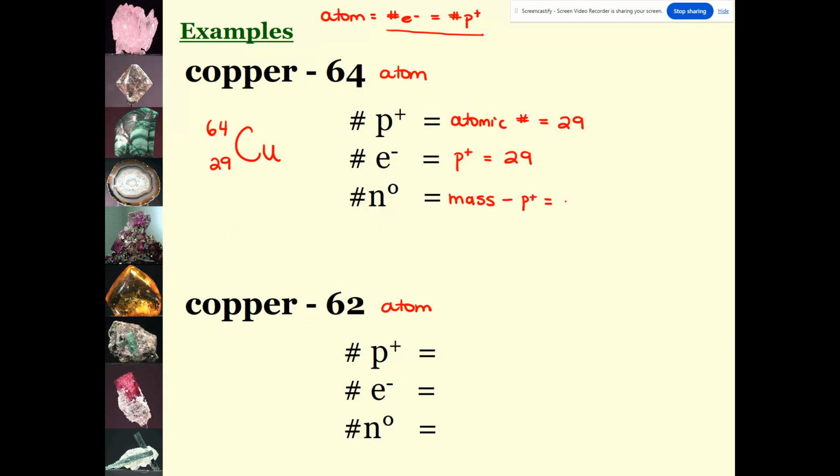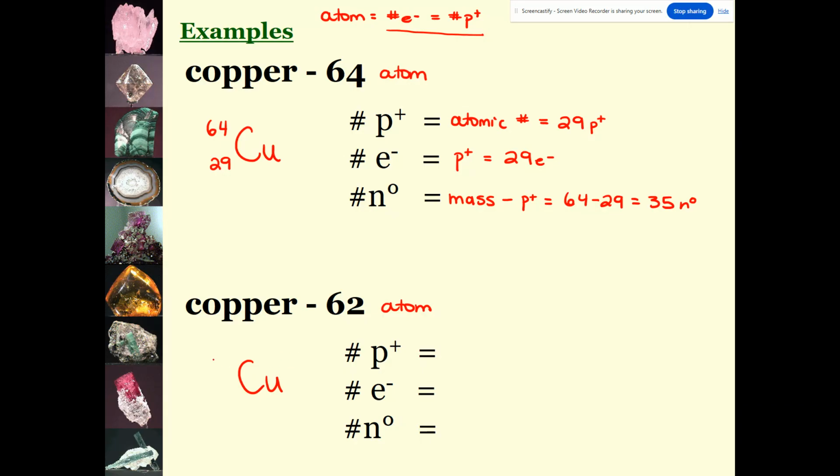So that would be 64 minus 29, which would be 35. So if I actually put a little symbol after this, I have 29 protons, 29 electrons, and 35 neutrons in an atom of copper 64. Okay? Pause the video and try copper 62 as an atom and see if you can get the answer.